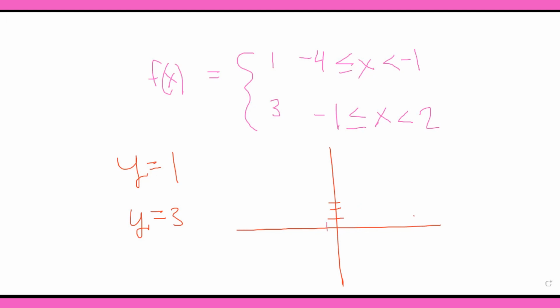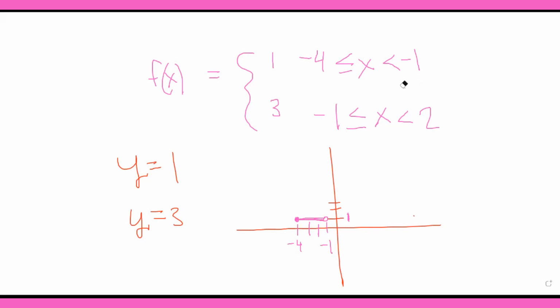So I'm here at x, -1, 2, 3, 4. That would be -4. I can be equal to -4, and then this is only a horizontal line up to -1, and then it would be open at -1. So I'm here at positive y of 1, and for x it is only this little portion from -4 to -1, and I am not equal to -1, so I would have an open circle there.